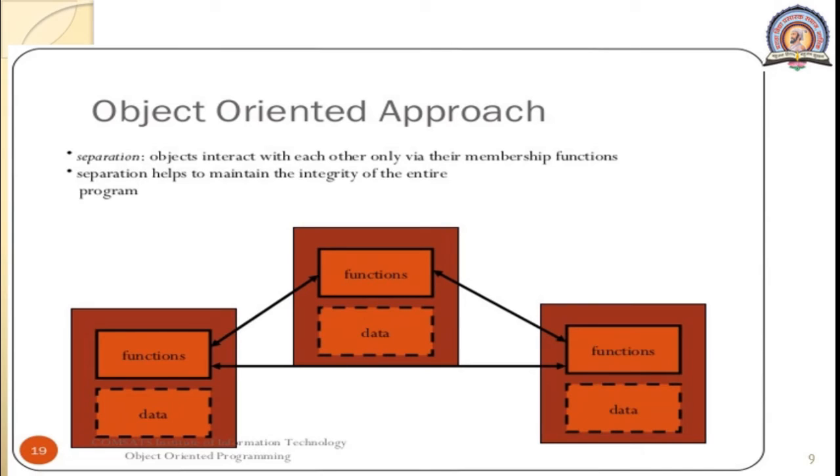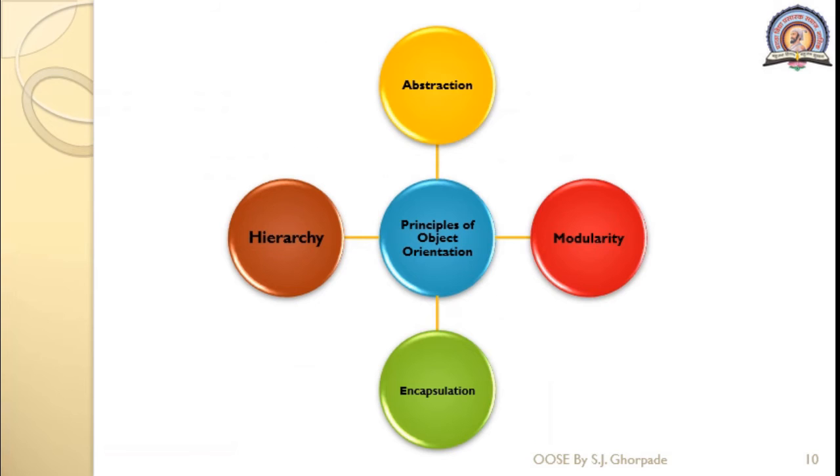Means an object could invoke its respective member functions only. Separation helps to maintain the integrity of the entire program. It provides security on the data also. So mainly the object orientation approach supports a combination or wrapping up of data and functions. That is one of the major features of an object oriented approach.